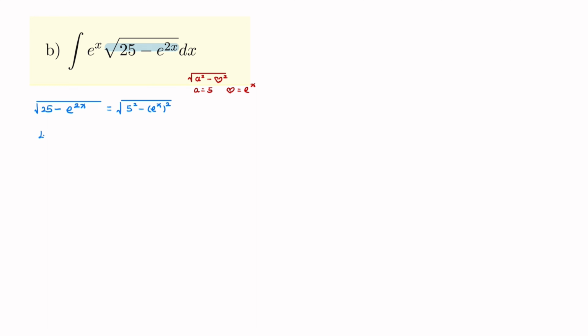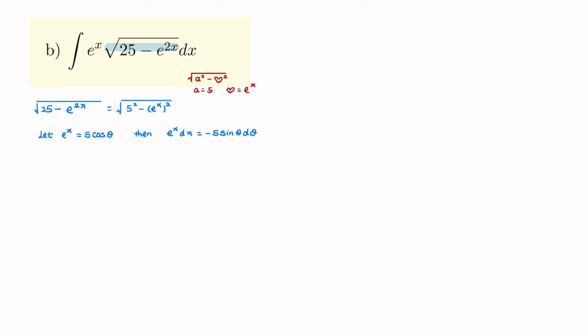So my h here is e to the x. Let's set it as a, which is 5 cosine theta instead of sine. Then take derivative. My e to the x dx is gonna be negative 5 sine theta d theta.